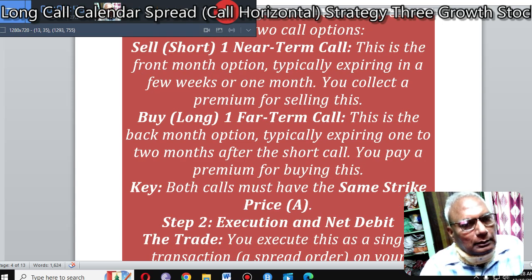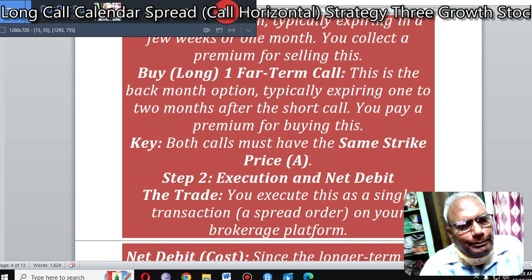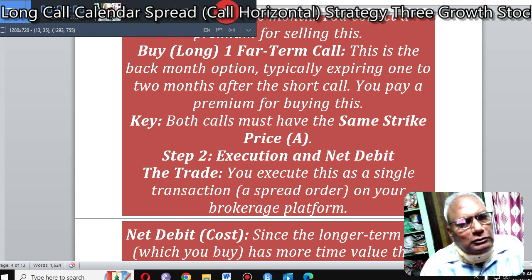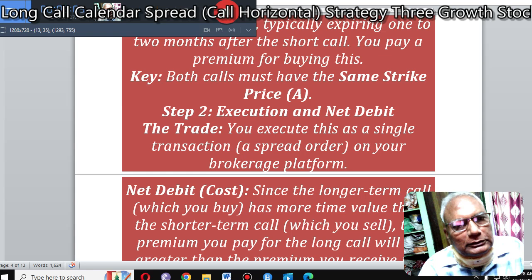Two, buy (long) one far-term call. This is the back month option, typically expiring 1 to 2 months after the short call. You pay a premium for buying this. Key: both calls must have the same strike price.